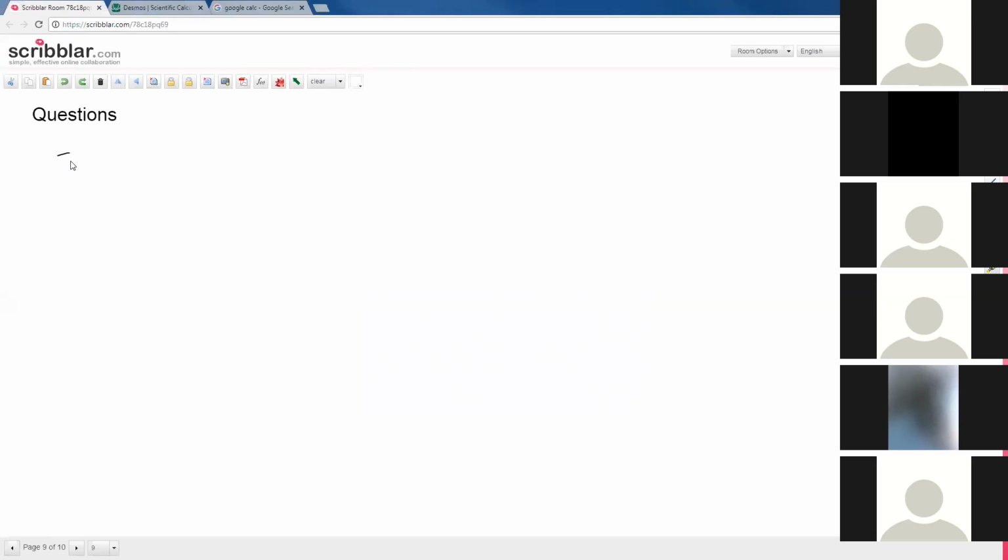So sine, cosine, and tangent are based off of triangles. When we have a triangle, we have 3 sides to the triangle. This side here is called the hypotenuse of the triangle because it's across from the right angle.